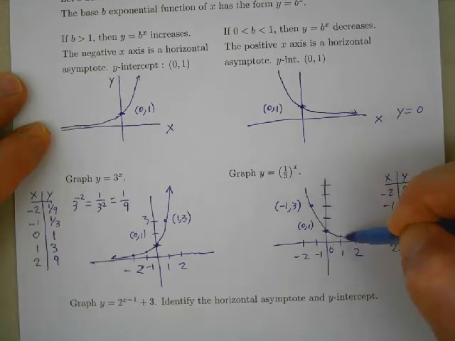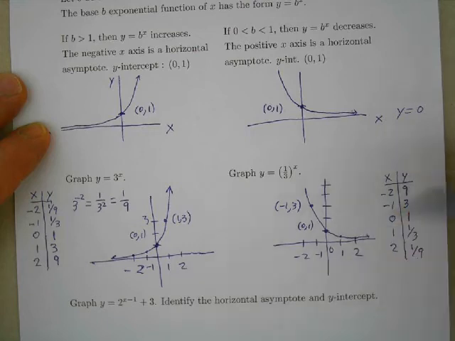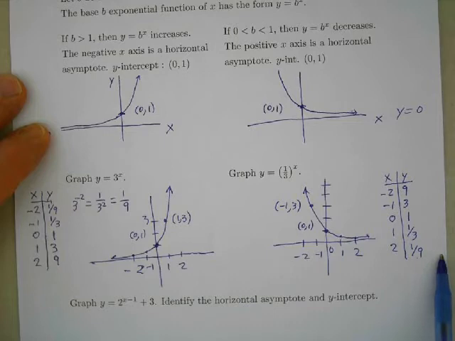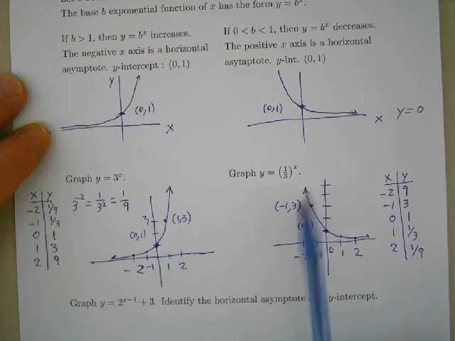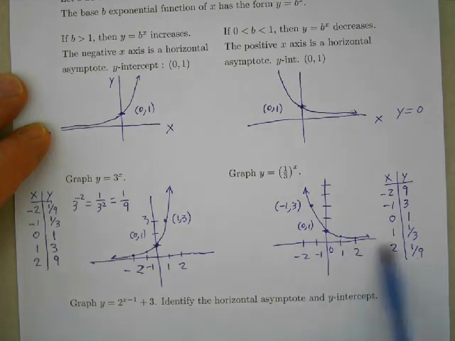So the graph decreases as x approaches infinity. And in this function over here, the negative x-axis is a horizontal asymptote. And for this function, the positive x-axis is the horizontal asymptote.